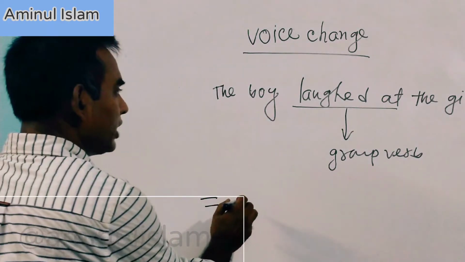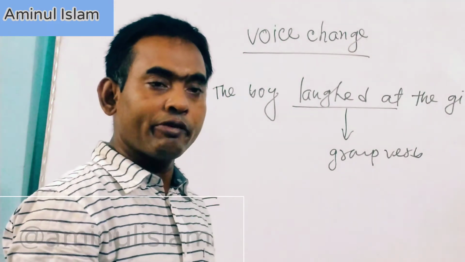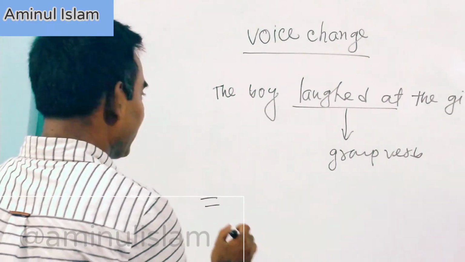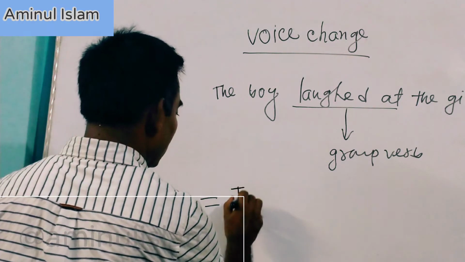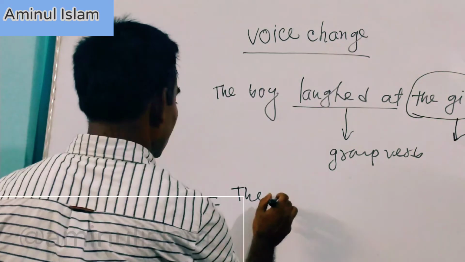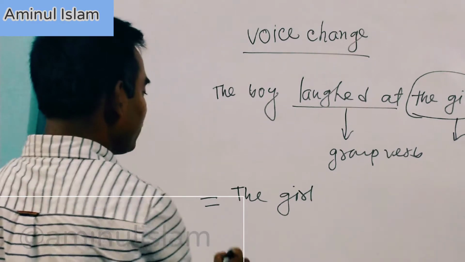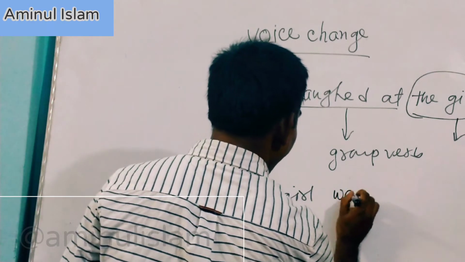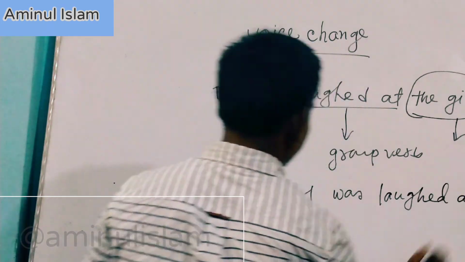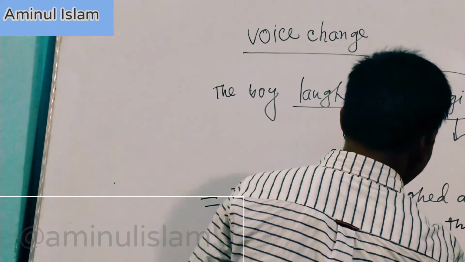Look at the whiteboard, students. I'll be highly pleased if you follow my instructions on the way of making passive voice. The girl is the object. As the sentence is in past form, the girl was laughed at by the boy.